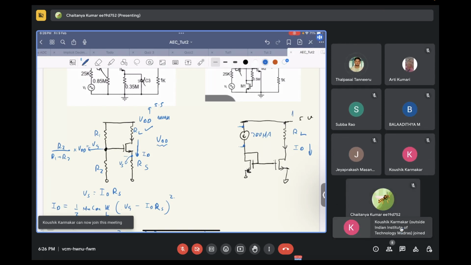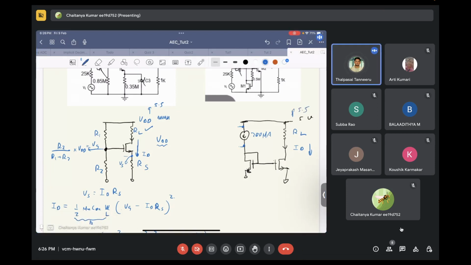Even if this 5 volt changes from 5 volt to 5.5, if you are somehow able to maintain this current equal to 200 microampere, the current in the main input transistor doesn't change at all, correct? Yes, sir. Understood. So this circuit becomes insensitive to supply variations.